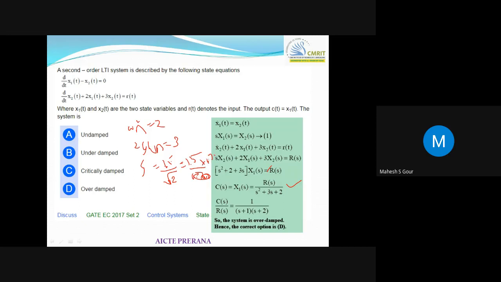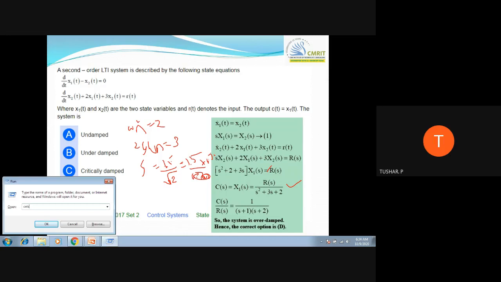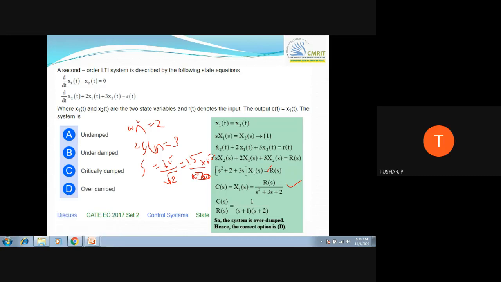So what will be zeta finally when I calculate? 1.5 divided by 1.414 is about 1.06. So for 1.06, what is the zeta value?